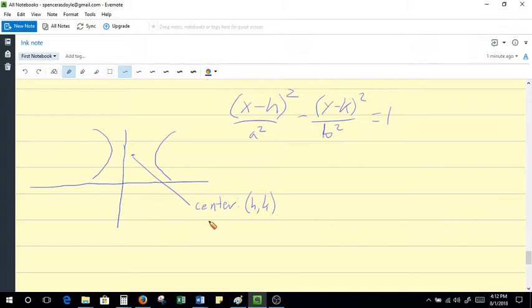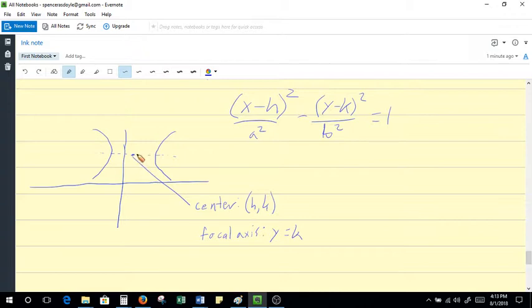Next, we're going to take a look at the major and, well, there's not really a minor axis, but you'll understand what we're trying to get at with that in a minute. So if we look at our major axis, so that's going across here, it's also known as our focal axis. That is going to be y equals k, right? Y is constant. We're not moving up or down any.